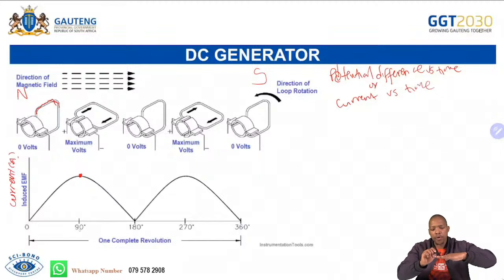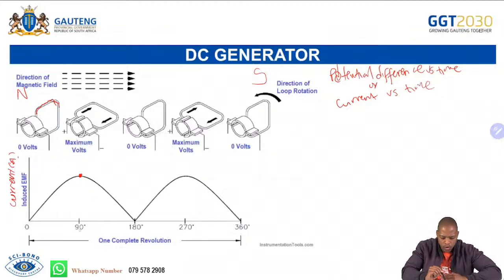Then from here, it should go underneath because it's rotating. If you are concentrating on just this one, here it is, and then here we'll find it underneath. That's when it has done an angle of 180. It was 0 here, and then it did a 90-degree rotation and started cutting the magnetic field, producing maximum EMF.